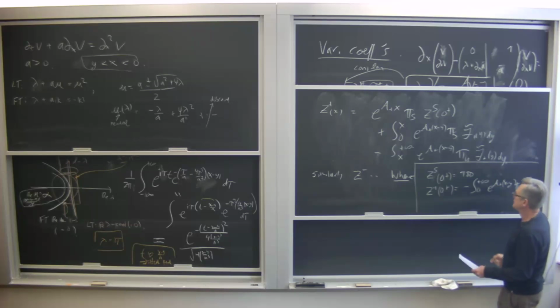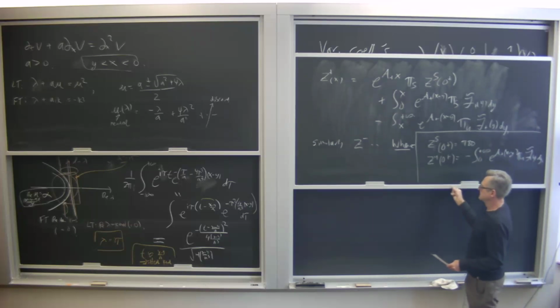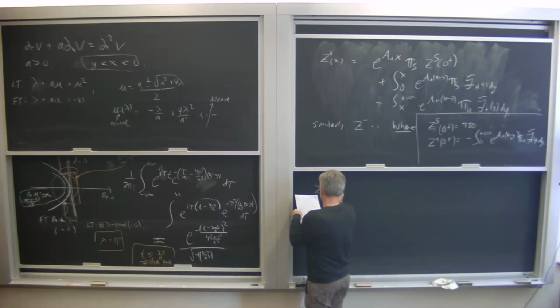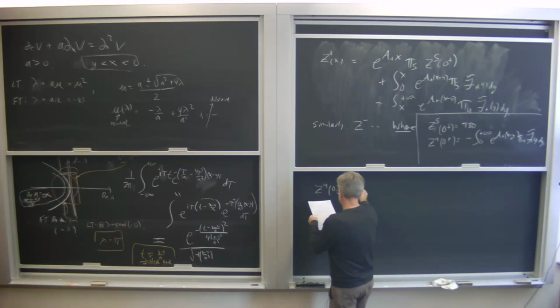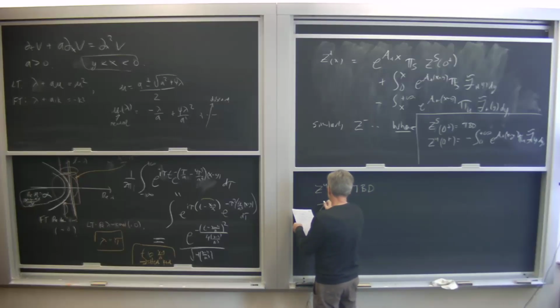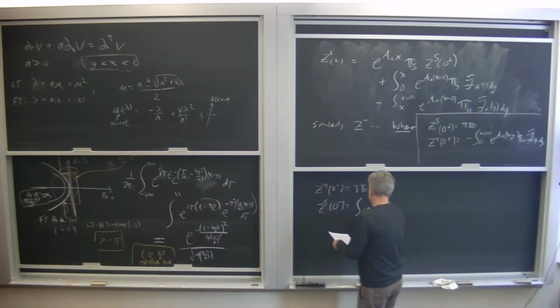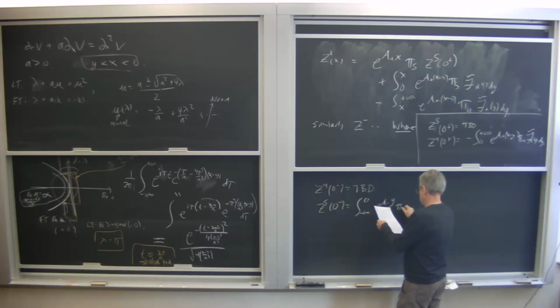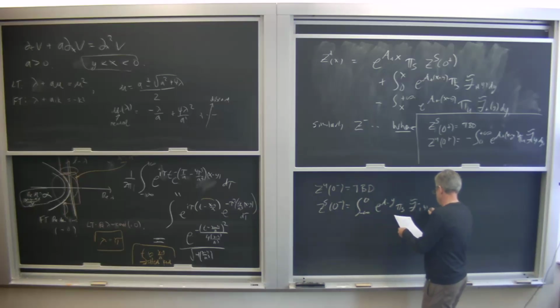And likewise, I do have z unstable of 0 minus is to be determined, and z stable of 0 minus is integral from minus infinity to 0 e to the a minus y pi stable f minus of y dy.